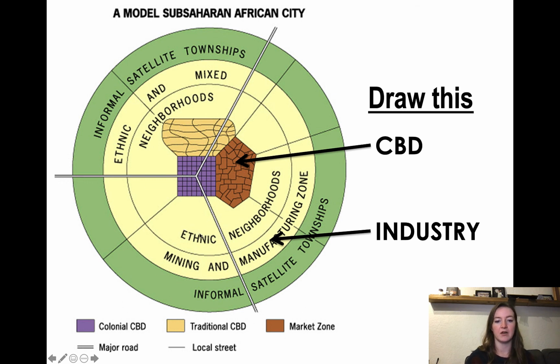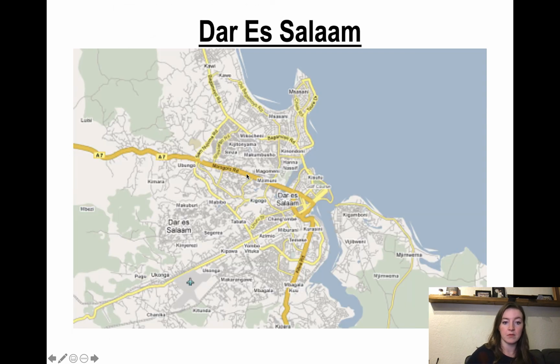And then along the outside of the ethnic neighborhoods, we're going to have mining and manufacturing. So this tends to be the poorer side, which is why we don't see a lot of mixed neighborhoods over here, and also why we see that mining and manufacturing, because these people often work in here or they're selling over here. And Dar es Salaam is a really good example of this.